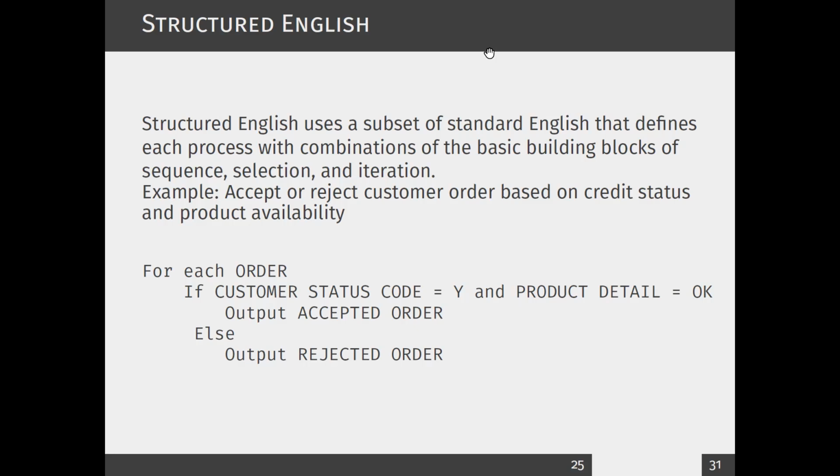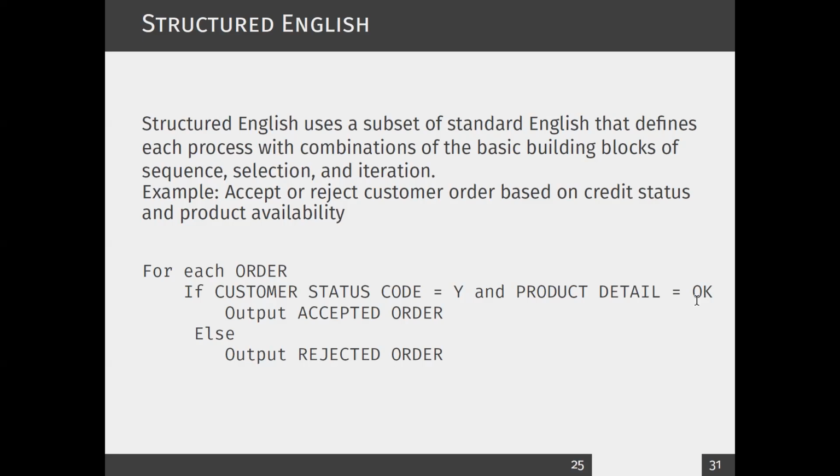Now, when you want to write this down in structured English, the repetition we represent like this: for each order. That means we are going through each order one at a time. And then for each order, within that, we have a selection. In each order, we will check whether the customer status is okay, right? And also whether the product details are okay.